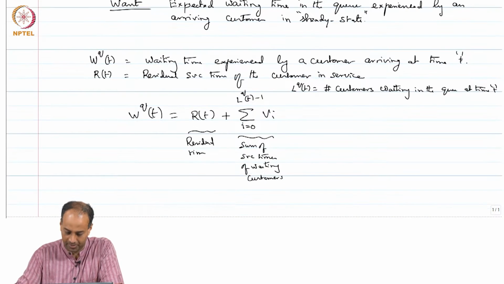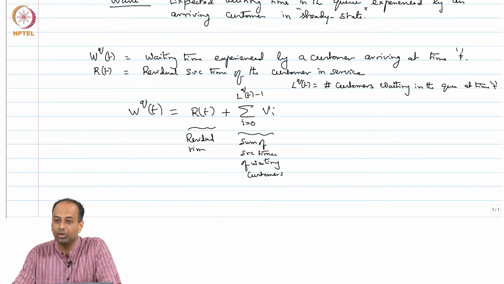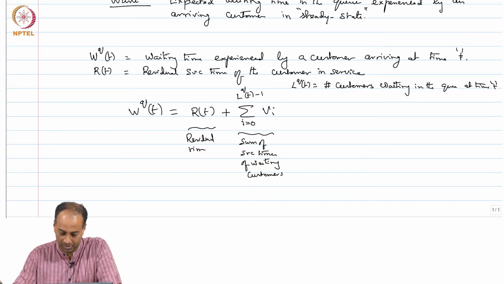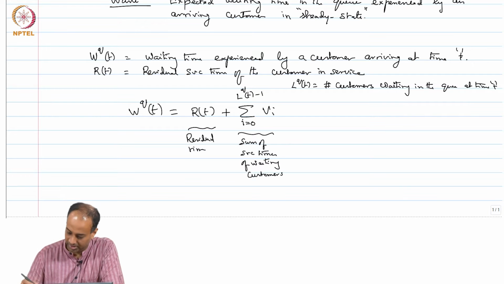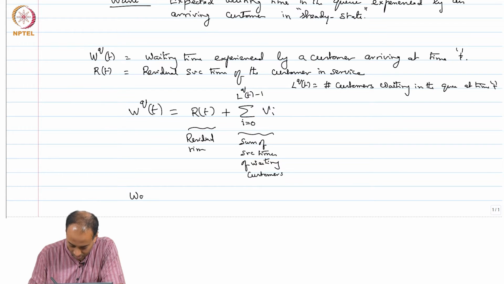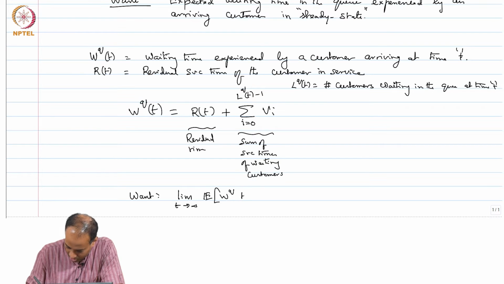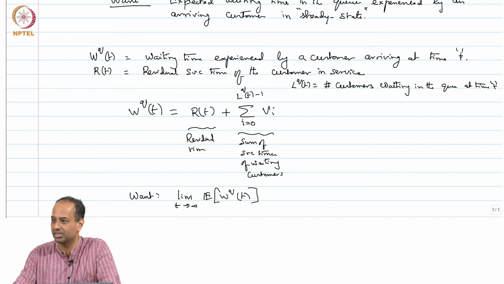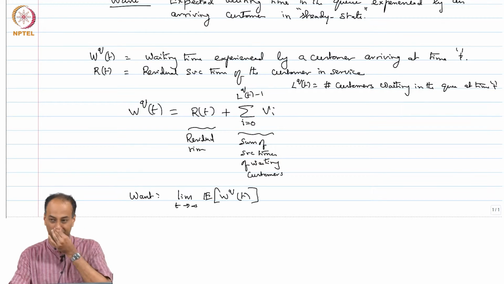All right. So, now what do we want to find? We want to find the expected W_Q(t) as t tends to infinity. This is the steady state waiting time experienced by an incoming customer.